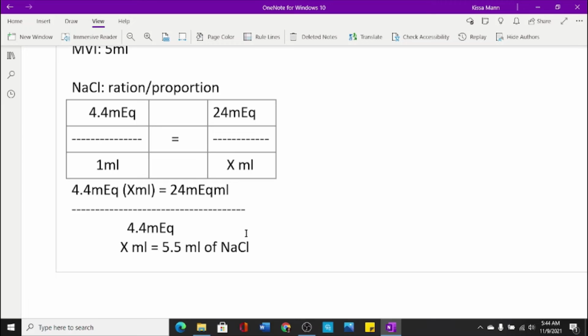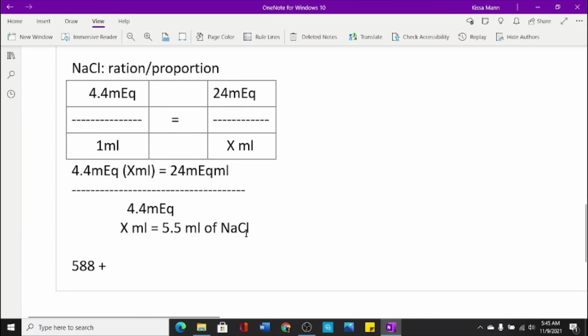So we will add up all of the volumes that we have calculated for our additives and our base solutions of aminosyn and dextrose, and we will subtract that from our total volume. 588.2, we'll round that to the ones place, so that'll be 588, plus 250, plus 12 milliliters, plus 5.5, equals 855.5.